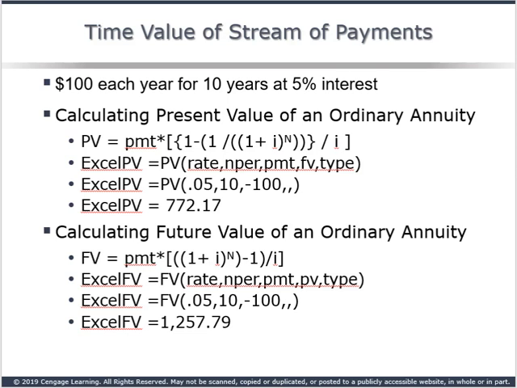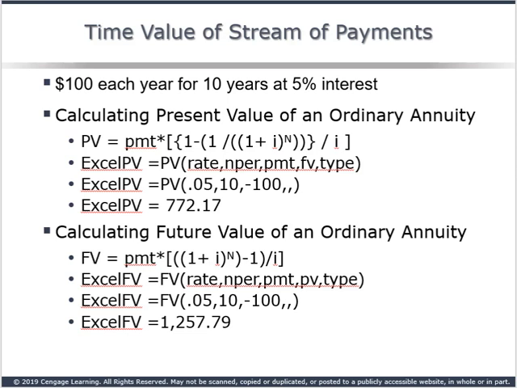We're using present value, but then we see here at the end there is an additional field called type. If type is left blank or is a 0, it would be an ordinary annuity. If we were to put a 1 where type belongs, that would be an annuity due.